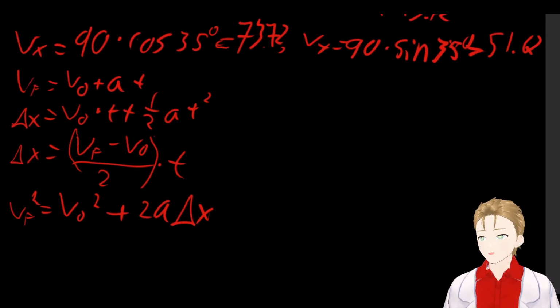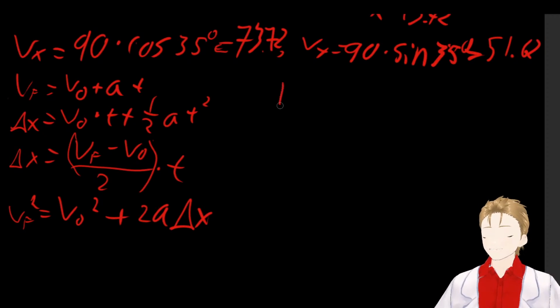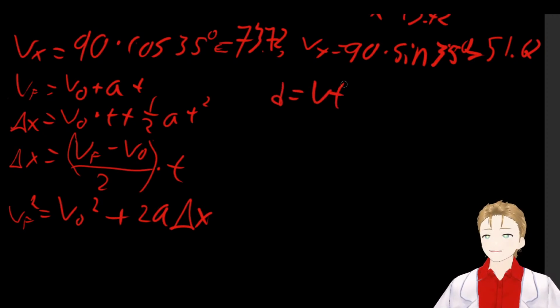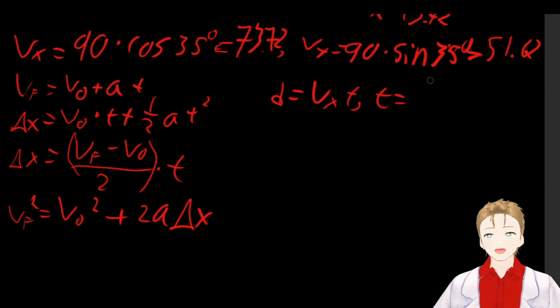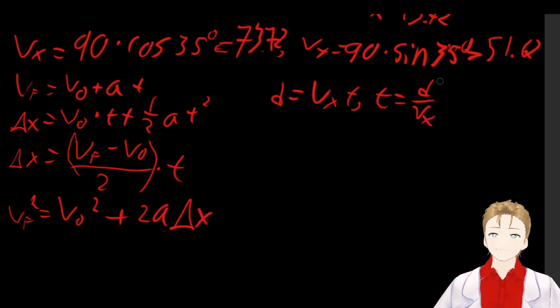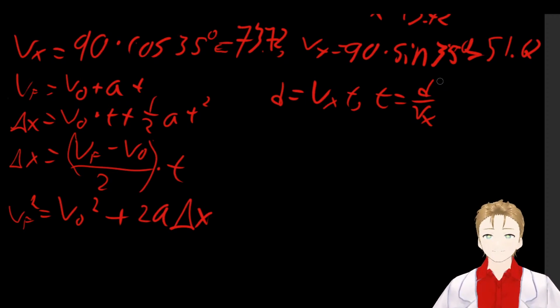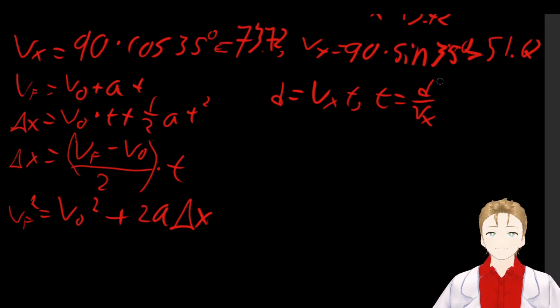So let's do one thing which we know we can do: D equals vt can be used for the x, Vx t, just to be sure. So we can have time equals D over Vx. We know we can have that for the x direction.